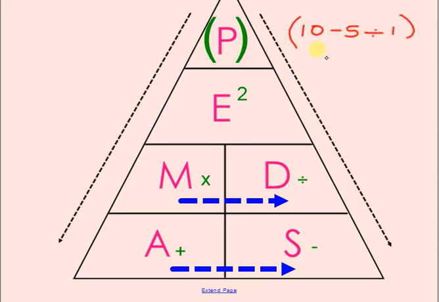What do you do first inside your parentheses? Well, you have to do your division first. 5 divided by 1 is 5, and so you're going to end up with 10 minus 5 is 5. So make sure that when you're inside parentheses, you're also doing order of operations.